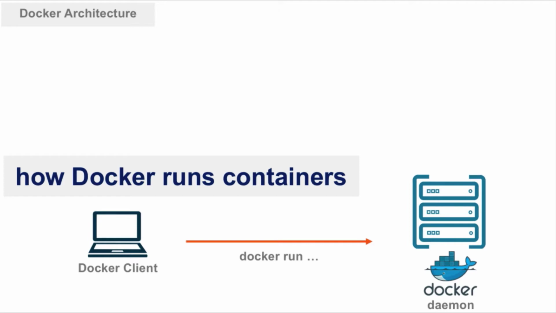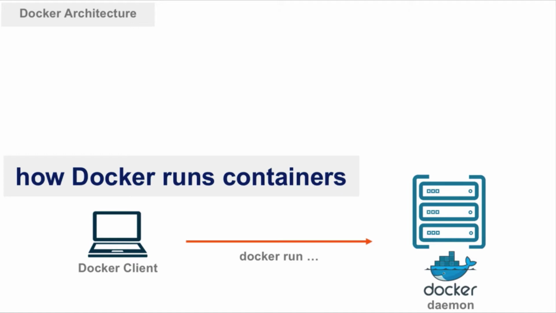The first thing that the Docker daemon would do is parse the command, and then, because the client wants to run a container, the daemon will look at the local disk subsystem. Do you have a copy of the image that this client wants to run?